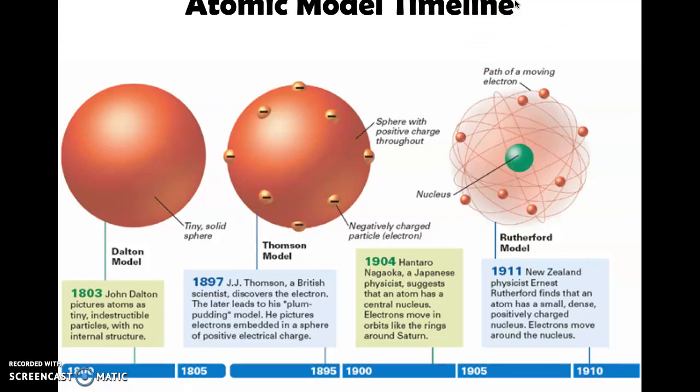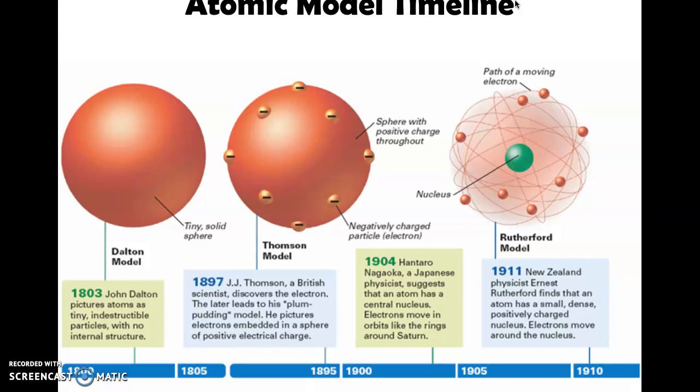Moving on, then we get into 1911. New Zealand physicist Ernest Rutherford finds that the atom has a small, dense, positively charged nucleus, and the electrons move around that nucleus. So Rutherford basically gave us the idea of a nucleus. Prior to that, in J.J. Thomson's and in Dalton's model, neither one of them said that we have a nucleus.